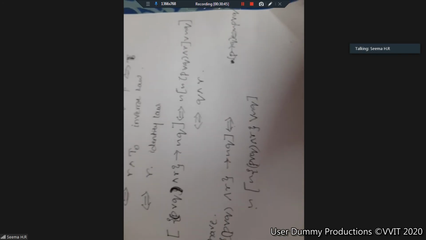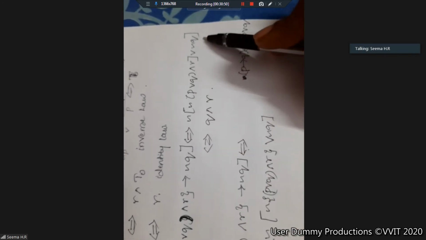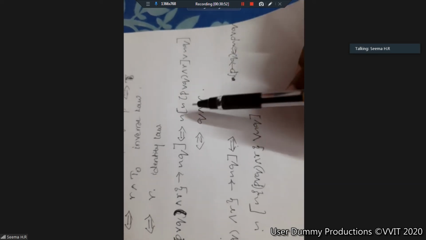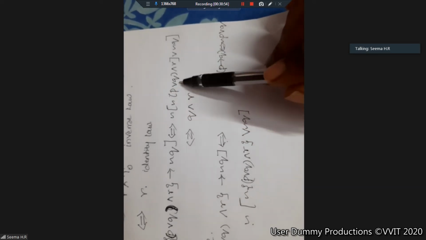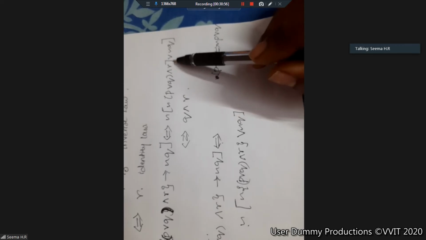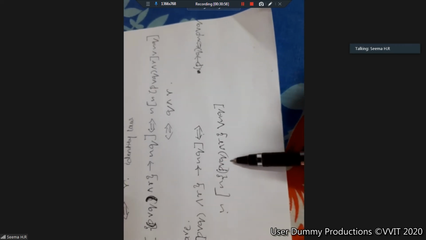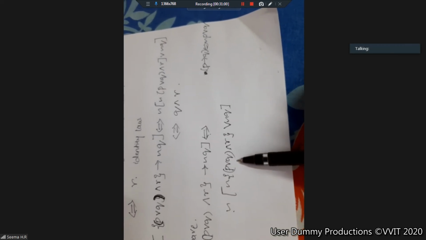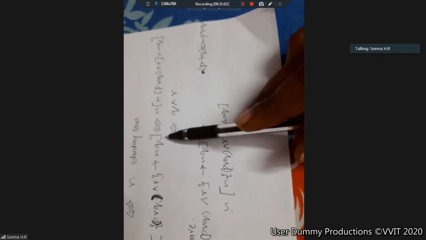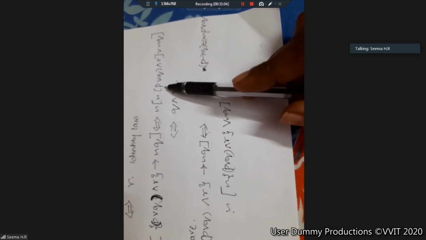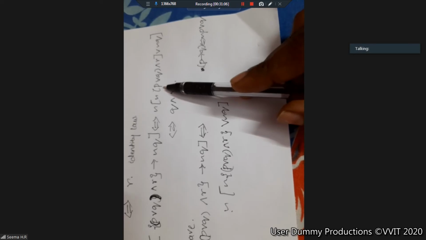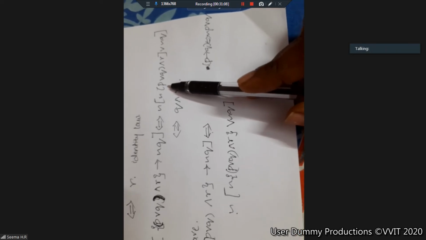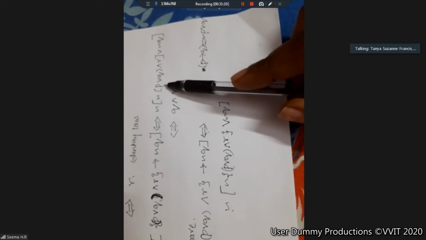So what is the first thing we have to show equivalently? Negation of negation of P or Q and R, and negation of Q. Did you show the same thing here? Yes, ma'am. The first part is over.